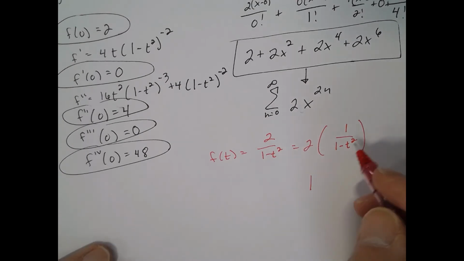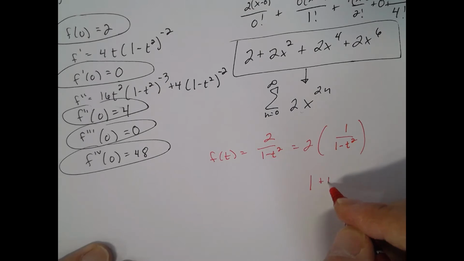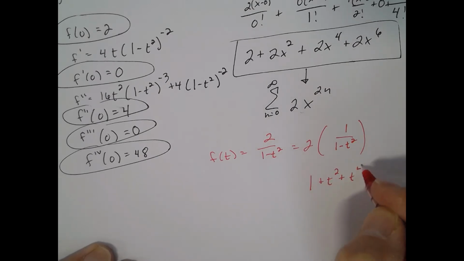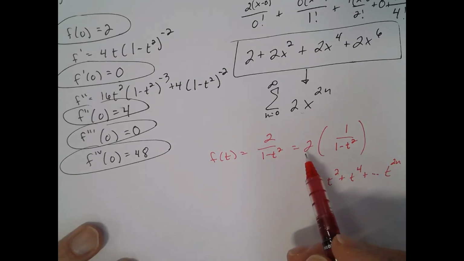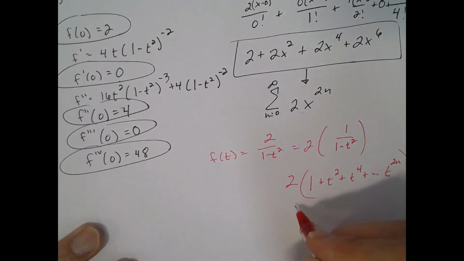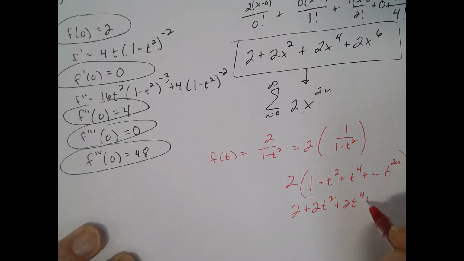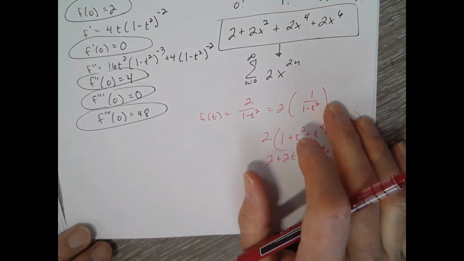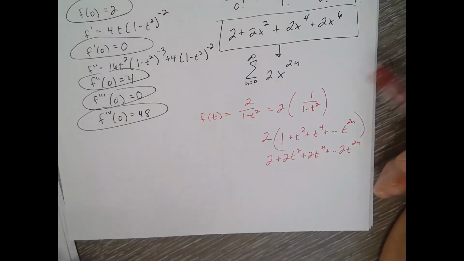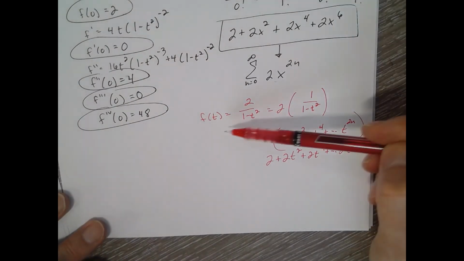Our r is t squared, so plus t squared plus t to the 4th plus and so on, t to the 2n, and I still have my 2 out front, so it's 2 times everything. So it's 2 plus 2t squared, I guess their x is up here, now they're t's, plus 2t to the 4th plus 2t to the 2n. Alright, so we have a couple approaches on how to find the Taylor series for f of t, which is right here.